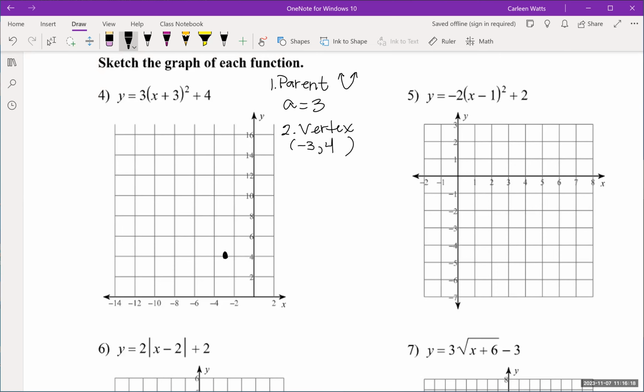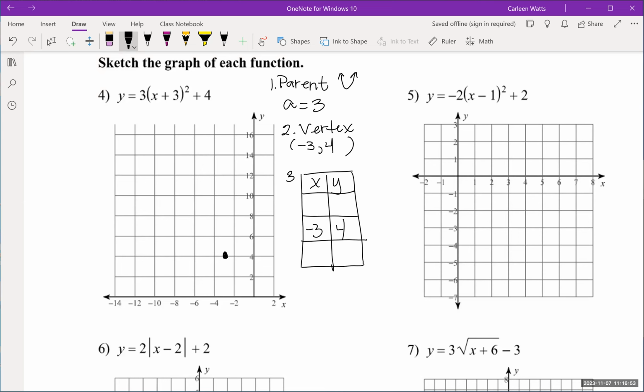Sometimes that happens. Okay. Now, let's make a table. So, table of 3 ordered pairs. The vertex goes in the middle. So I catch the most important part of the parabola.